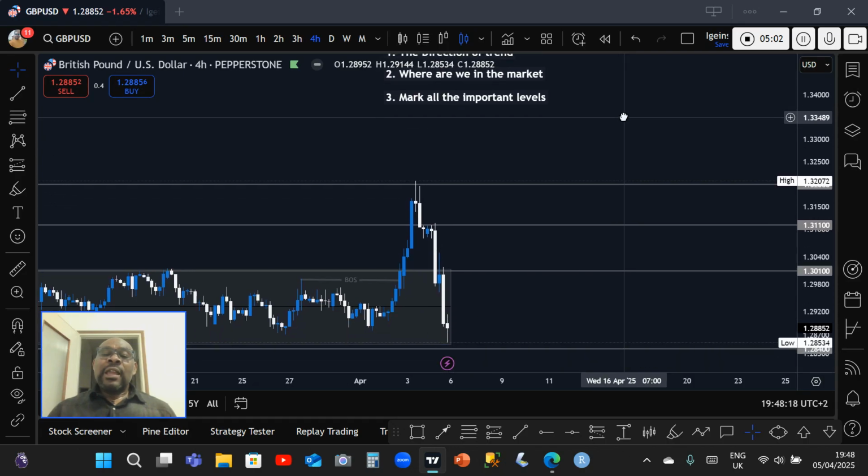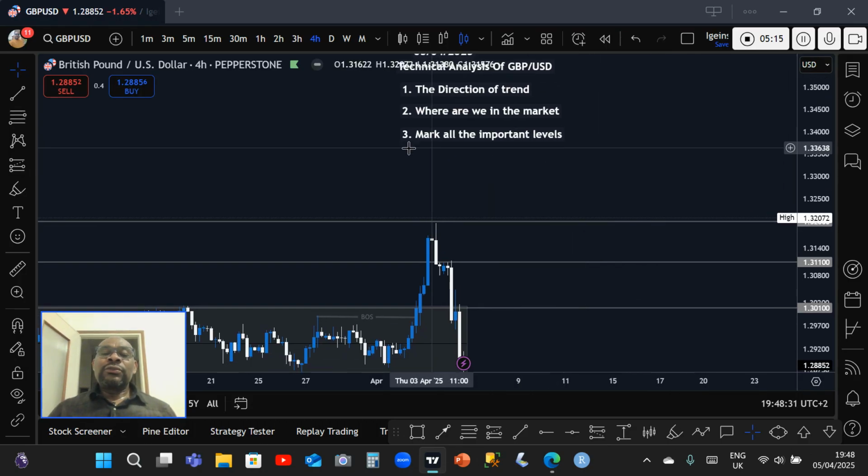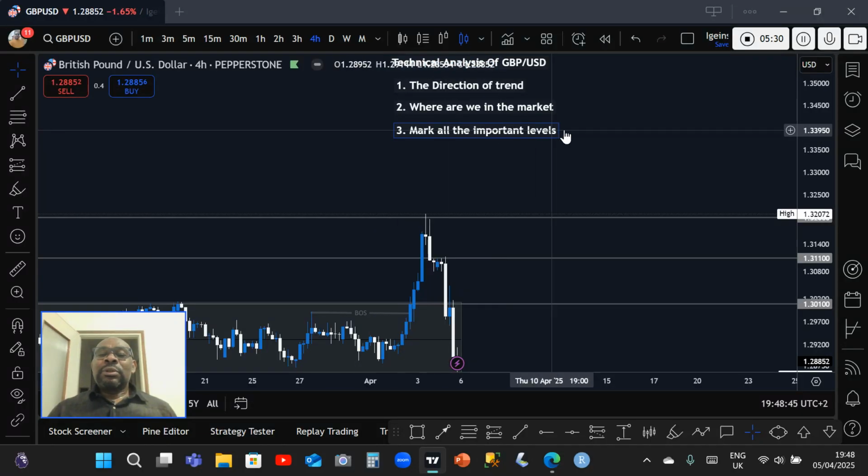Now, the next thing you need to do, having identified where you are in the market and what price action is doing at this point in time, is move to the third important thing. From the higher time frame, the weekly or the daily, you have to mark all the important levels.